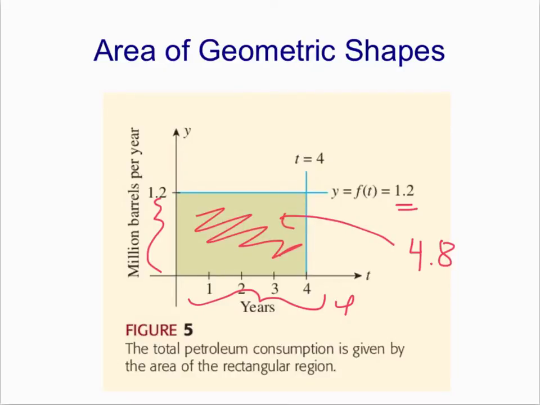In particular, in this case, this graph is about petroleum consumption, and the total consumption represented by this area is 4.8 million barrels.